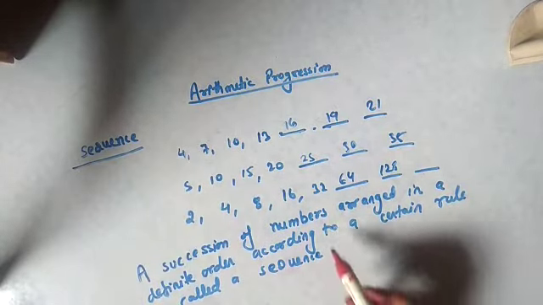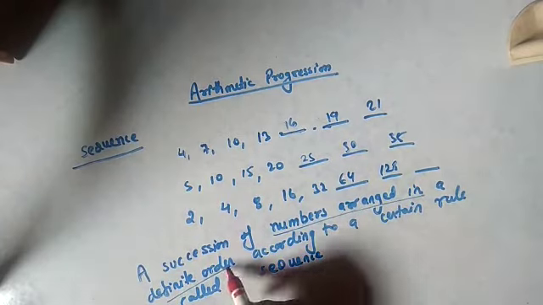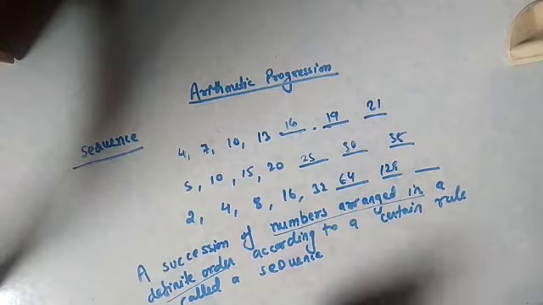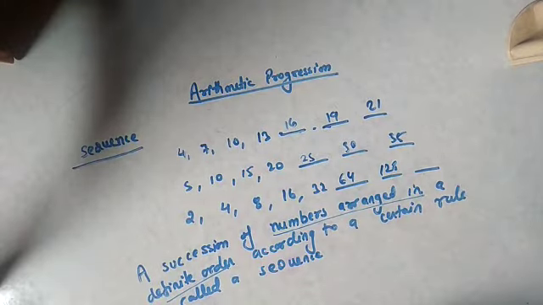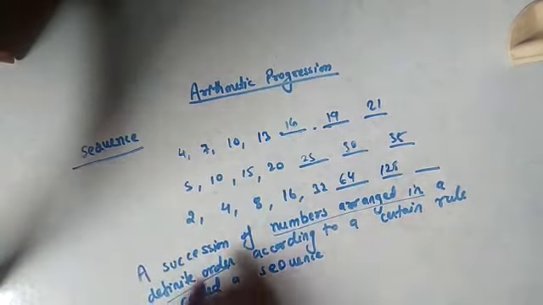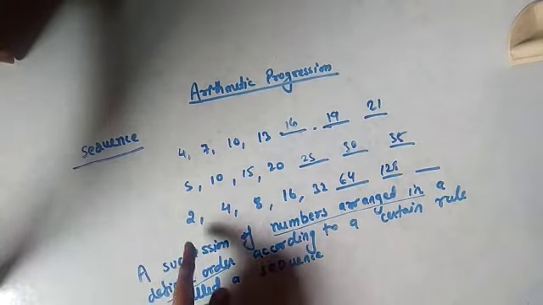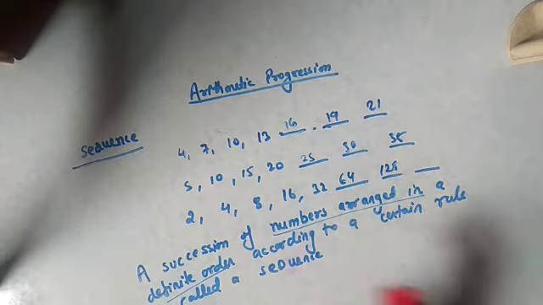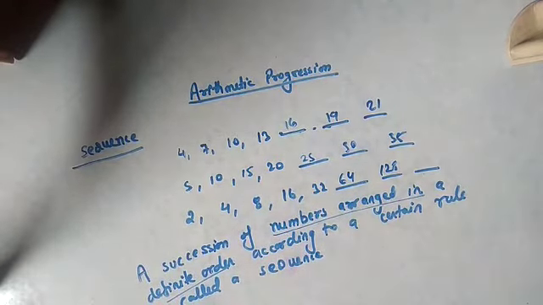Okay, so the numbers are arranged in definite order. See, you can see these all numbers are arranged in some order and they are following some rule. Rule means either they are increasing by 3 or they are increasing by 5 or they get multiplied by 2 and so on. So I hope this sequence is clear to you.